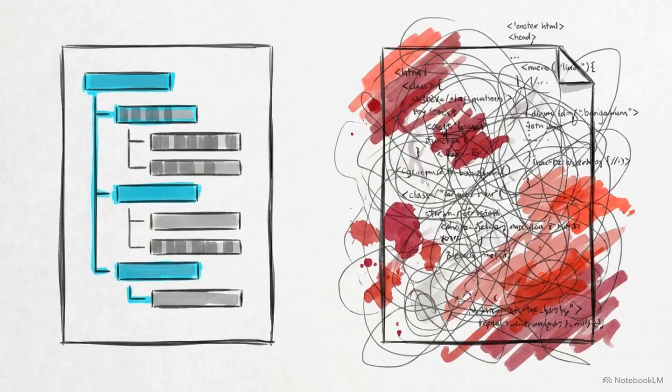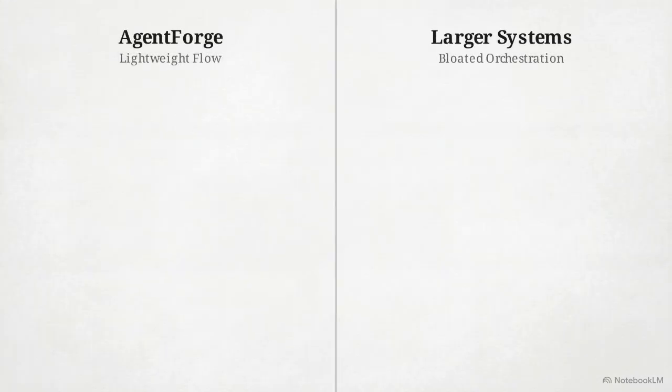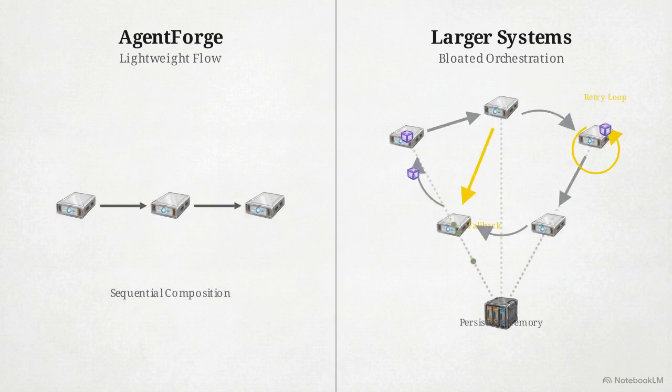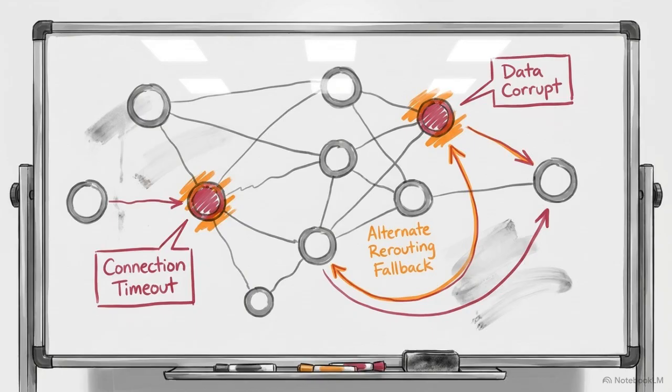This exposes an intentional architectural trade-off. By prioritizing extreme simplicity, AgentForge deliberately omits the complex compounding error retry loops and persistent conversation memory found in larger systems. In environments demanding volatile data recovery or extended multi-turn reasoning, heavier frameworks provide a genuine, measurable advantage.